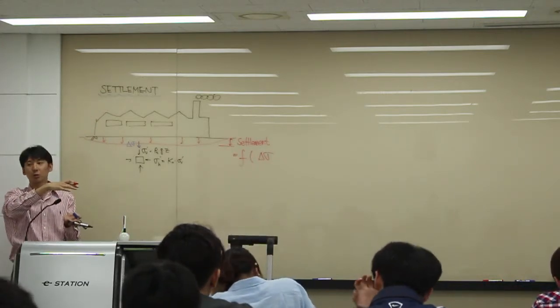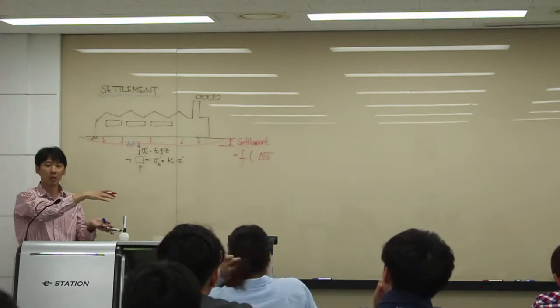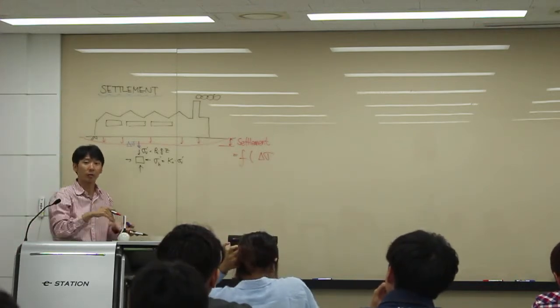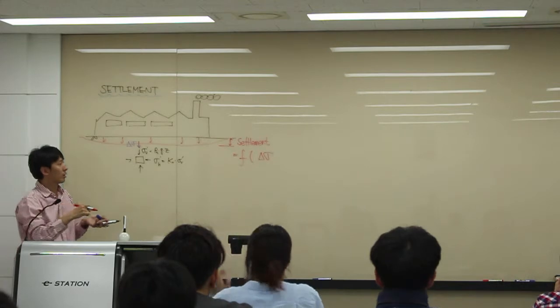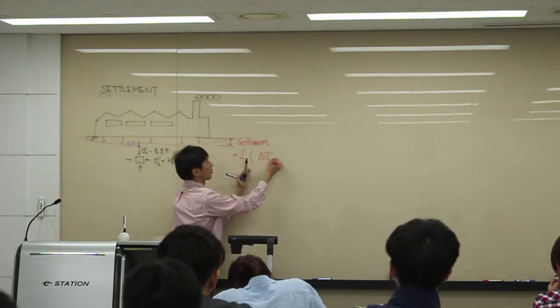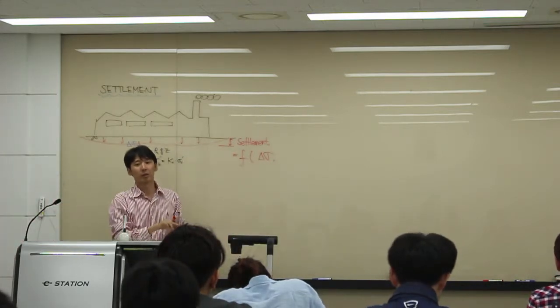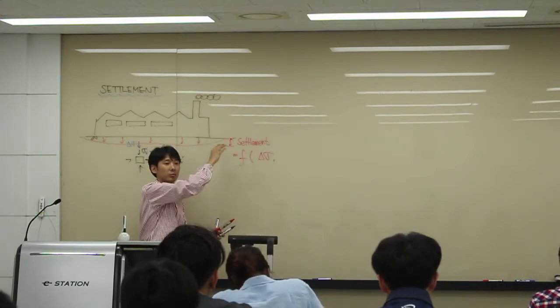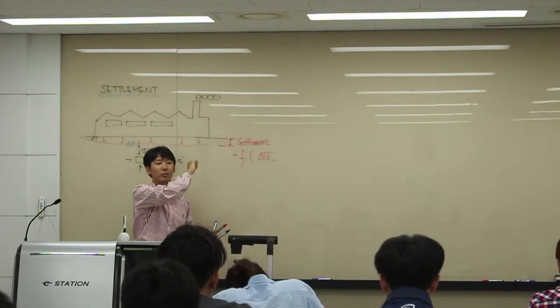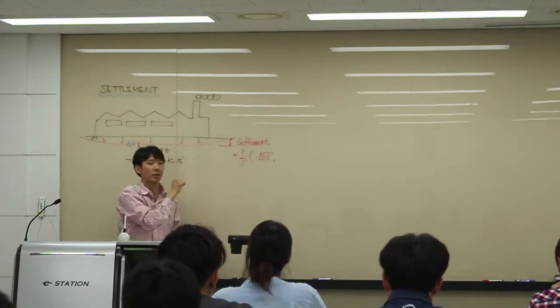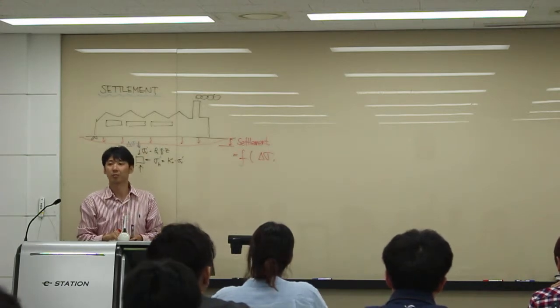If you have maybe a two-story building, then it's going to cause less settlement than the high-rise building. Right? Then what else? What will be the function? What's affecting the settlement besides the additional stress?